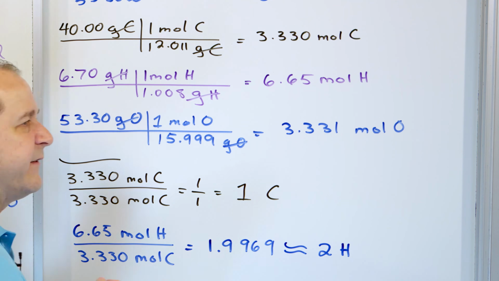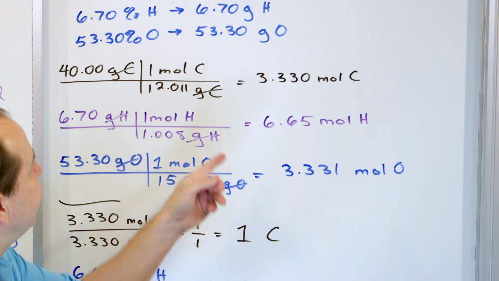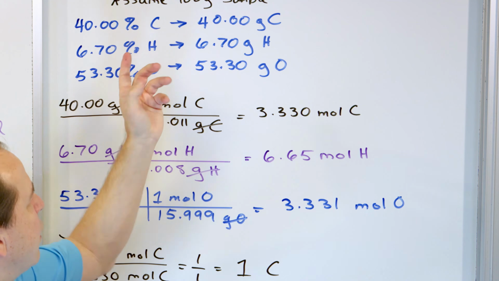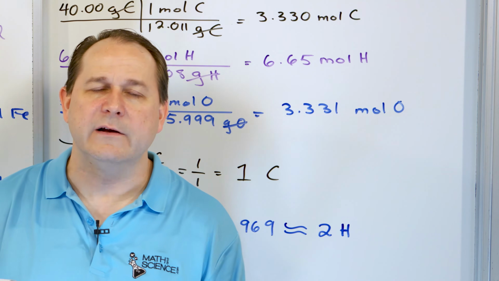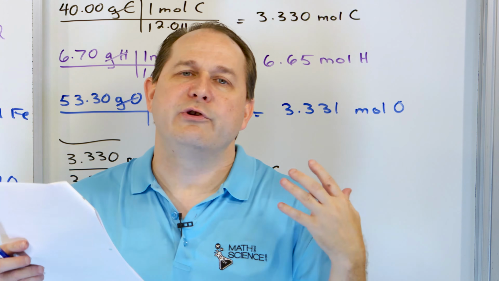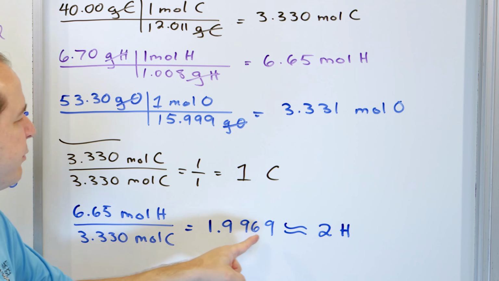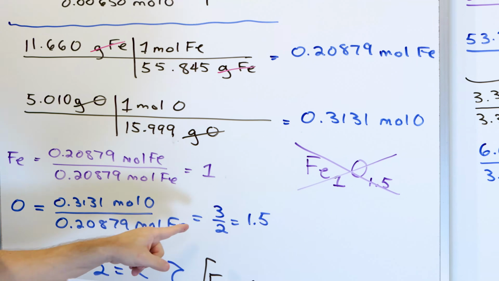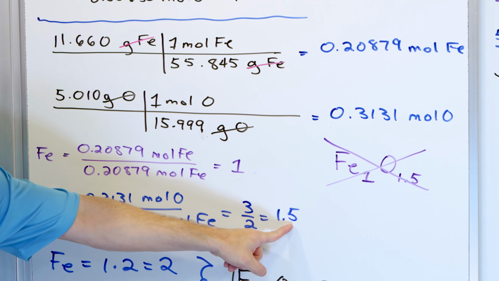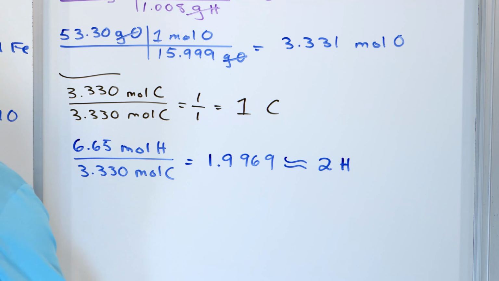It's because there's always experimental error when you do any measurements. When you get a machine that tells you something is 6.70% by mass of hydrogen, how accurate is that? There's always some experimental error. So when you get a ratio that's very, very close to a whole number, just round it up. Now, if you get a ratio that's very far away from a whole number, you can't round it up. But if it's very close, then you just round it up to the next whole number.